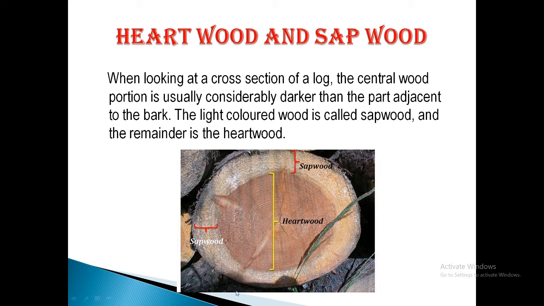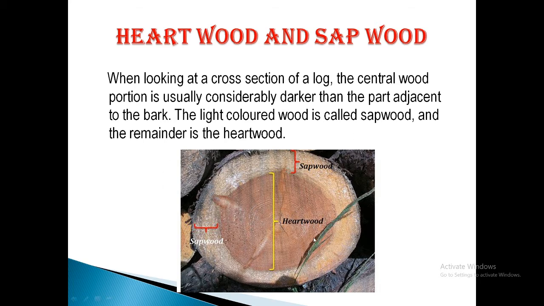This central region looks black due to the presence of various substances in it. Usually, the vessels remain plugged up with tyloses, and the function of heartwood is no longer conduction. So it gives only mechanical support.